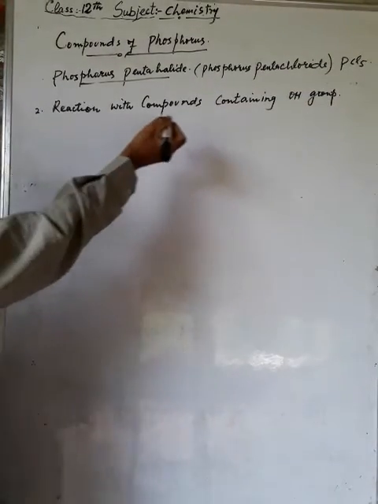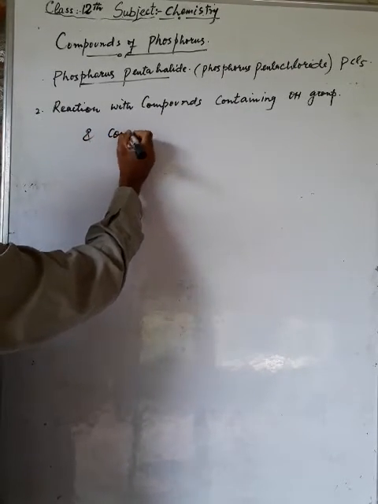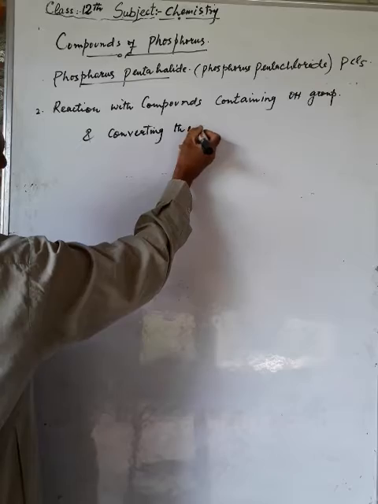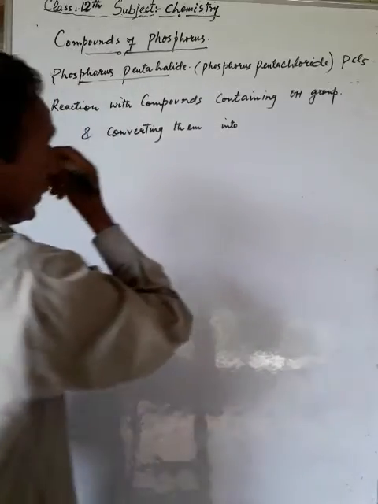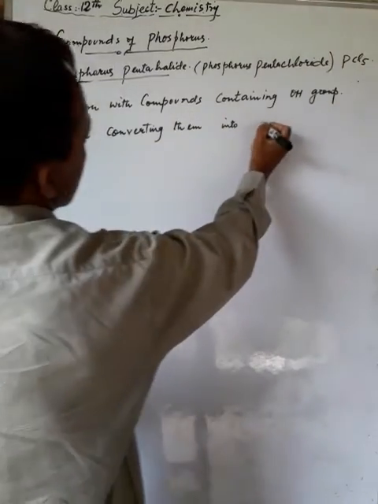In the alcohols we will take ethanol. So it reacts with the organic compounds containing OH group, converting them into halogen derivatives, and since we are taking Cl, into chloro derivatives.